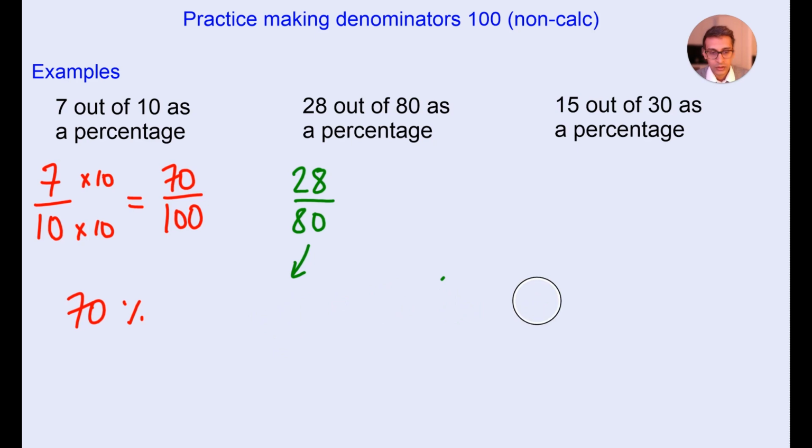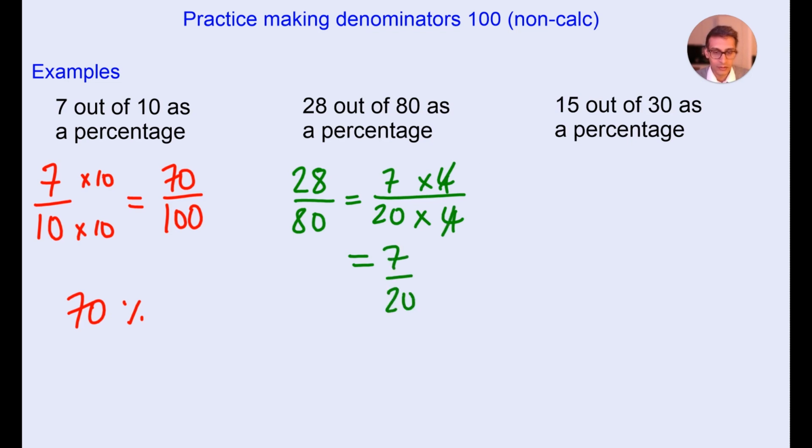So this is going to be 20 times 4, and on the top we're going to have 7 times 4. So that simplifies down to 7 over 20. And then we can scale it up to 100, so times 5 times 5. That's going to give you 35 over 100, which is 35%.